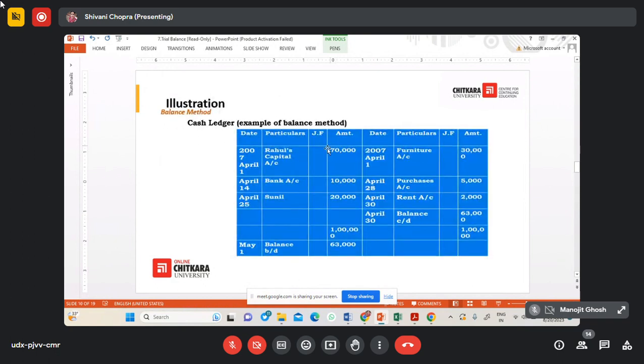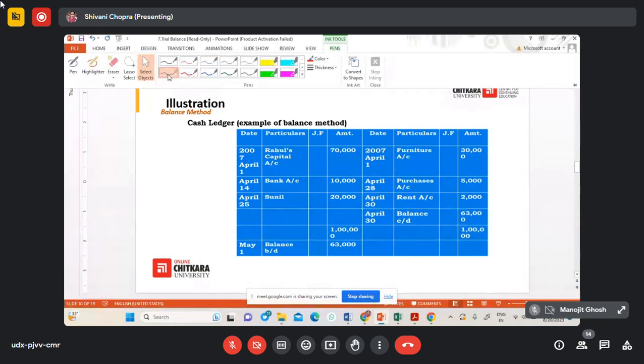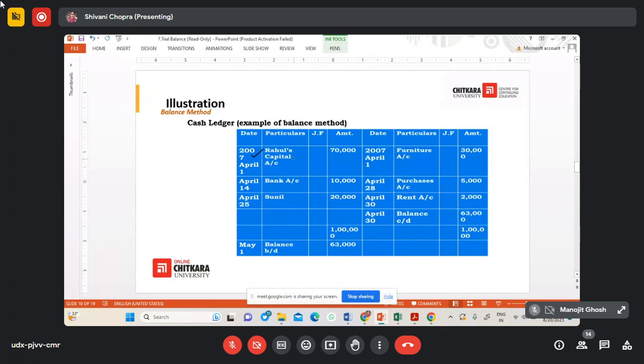So we have a cash ledger, for example, and we are following the balance method first. What do we have in a cash ledger? This is how we generally prepare a cash ledger. There are dates, there are particulars, there are amounts, right? So what do we get in the end? We get the total of both the sides, debit as well as credit. And there you have a balance. How did we find the balance?